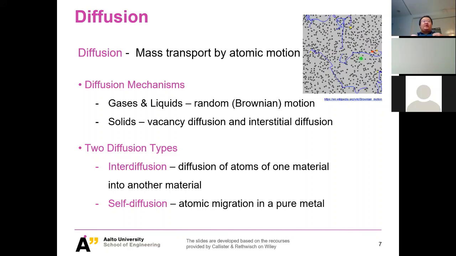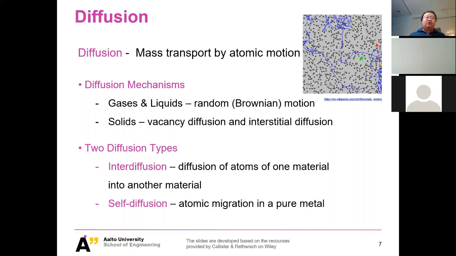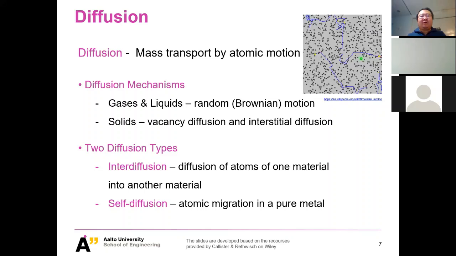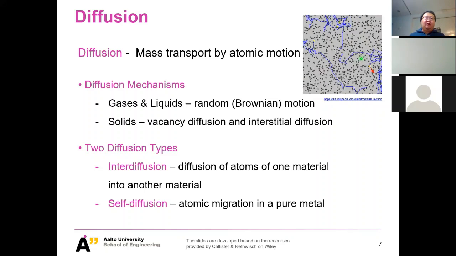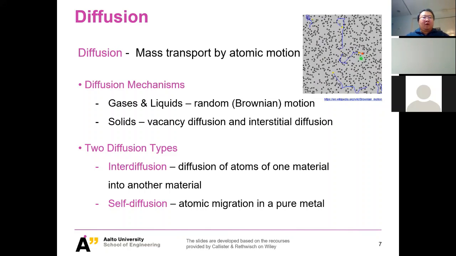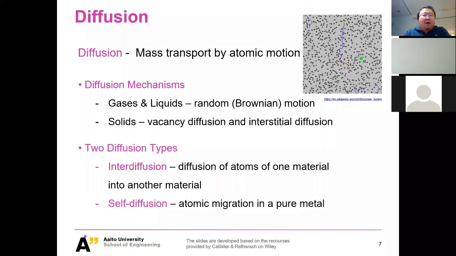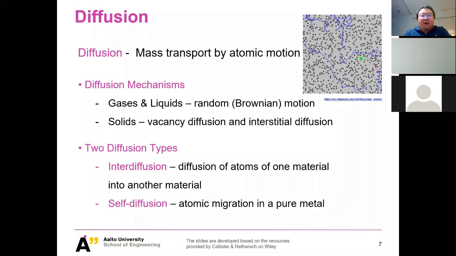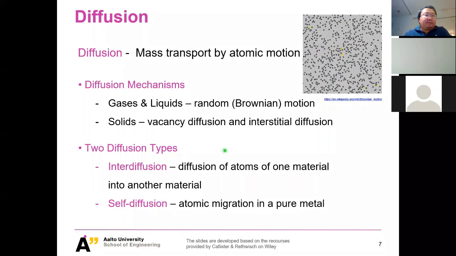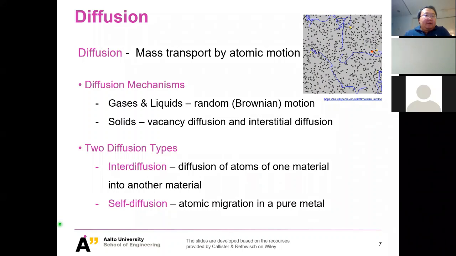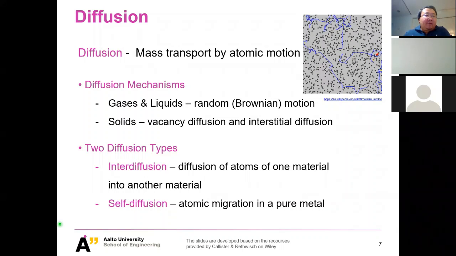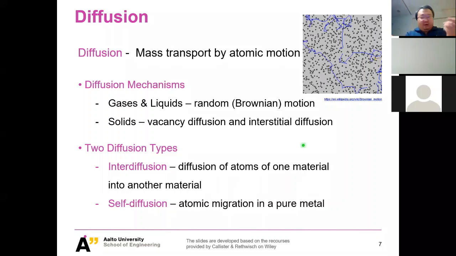The first one is called interdiffusion, when you combine A and B, different materials, and the second one is called self-diffusion. It is atomic migration in pure metal. So these are some basic ideas about diffusion.